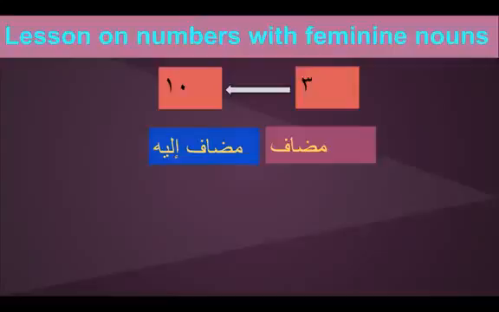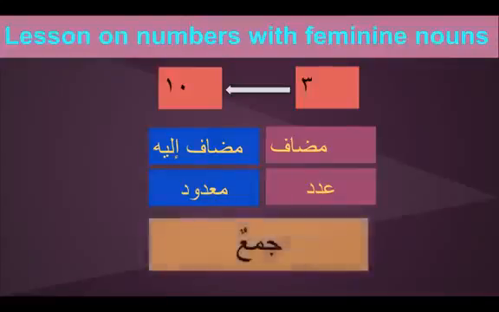From 3 till 10 we have a combination of mudaf and mudaf ilayhi, where the adad is mudaf and the ma'dud is mudaf ilayhi, where the thing which is counted comes later and the number comes first. So these are the variations in numbers when we count them. When the object is feminine, the number will be masculine, and if the object being counted is masculine, then we use feminine numbers.